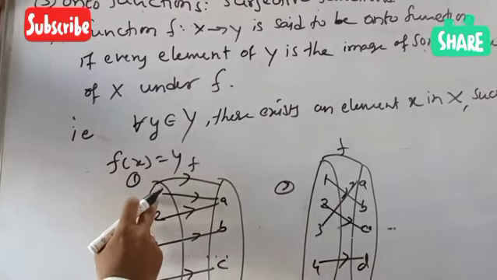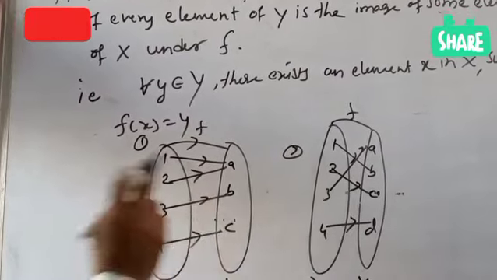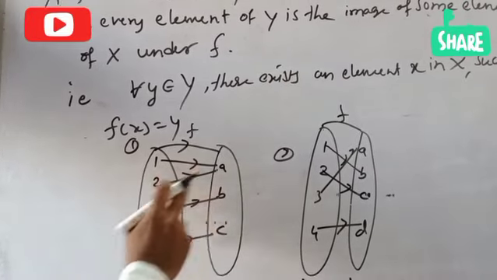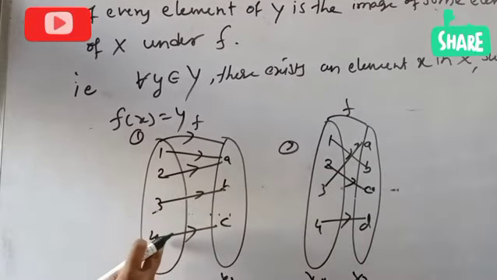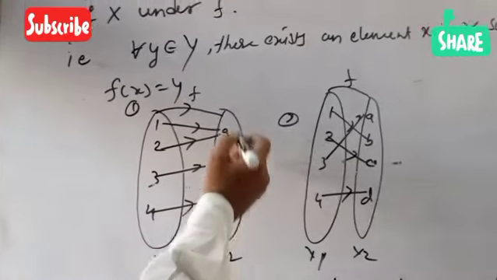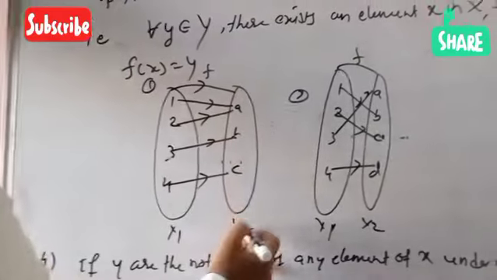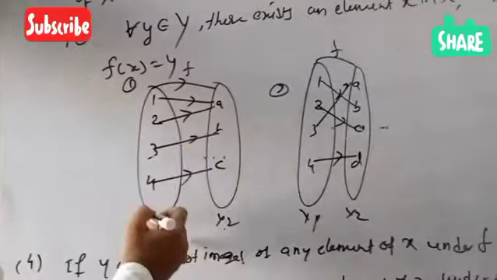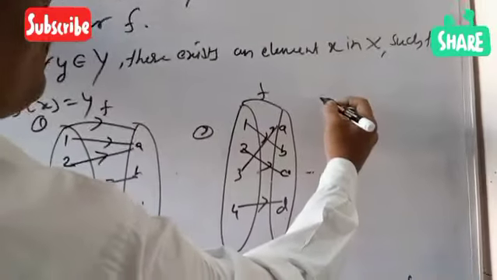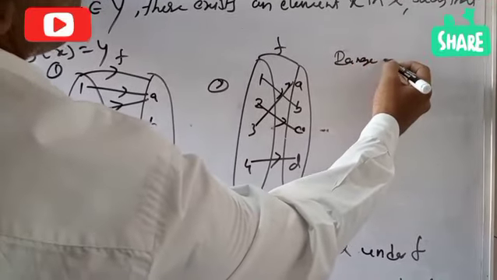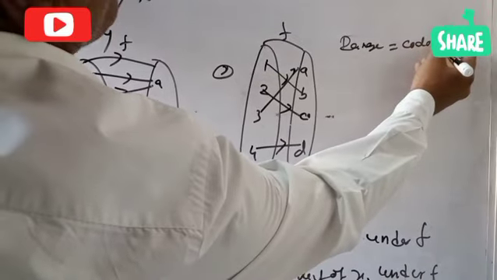For example, take the sets 1, 2, 3, 4 and A, B, C. 1 is related to A, 2 is related to A, 3 is related to B, and 4 is related to C. So here all the elements of Y are images of elements of X. So the definition of the onto function is that the range is equal to the codomain.